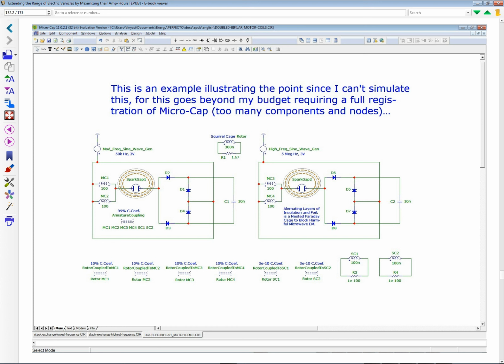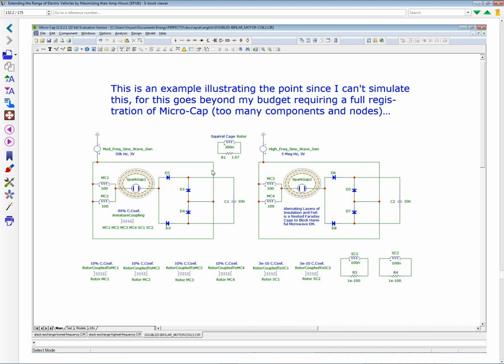It could be one way or the other. And then we have the squirrel cage rotor on the inside. But so all of these four coils, the two sets of bifilar actually is the way to say it, are both on the same armature, along with the starter coils that are electrically isolated from everything here.